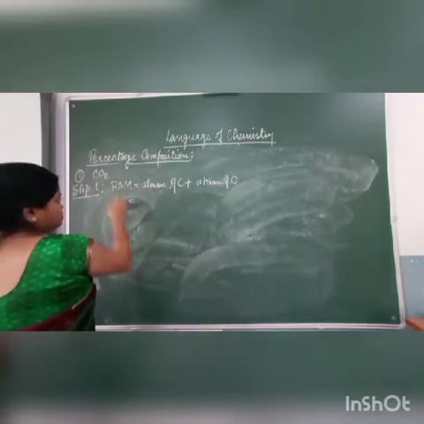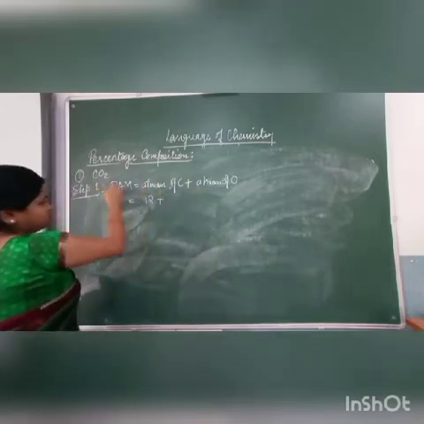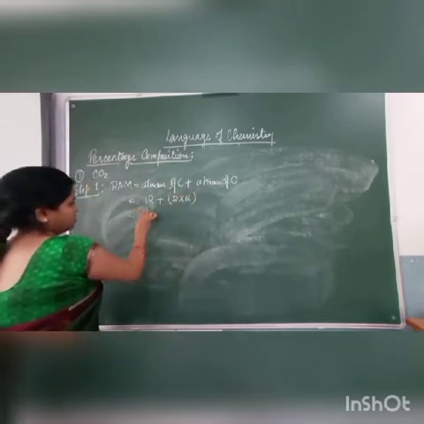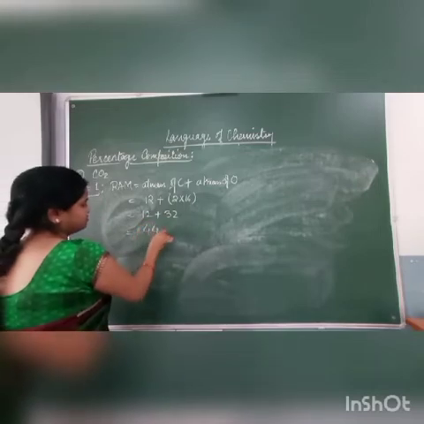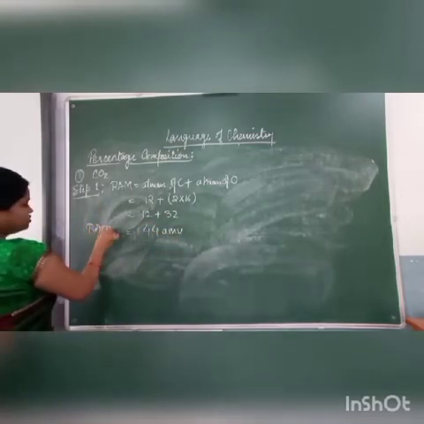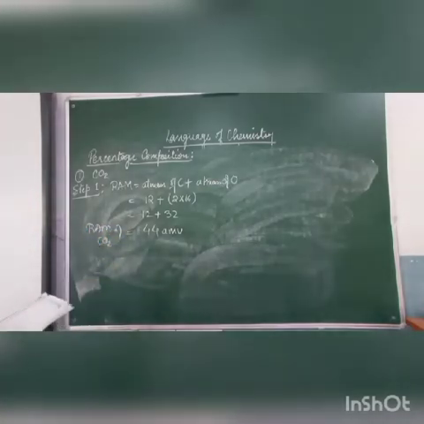The mass of carbon is only 1 into 12, the mass of oxygen is 2 into 16. Now 12 plus 32 means 44. This will be the relative atomic mass of carbon dioxide. This is your first step.